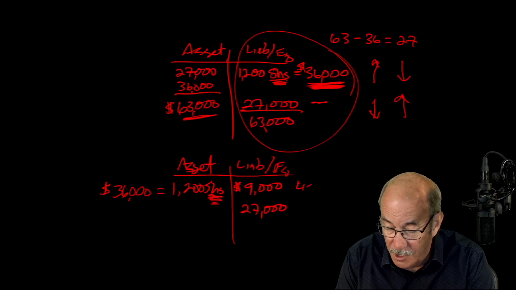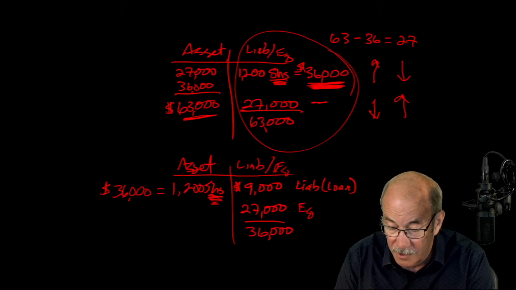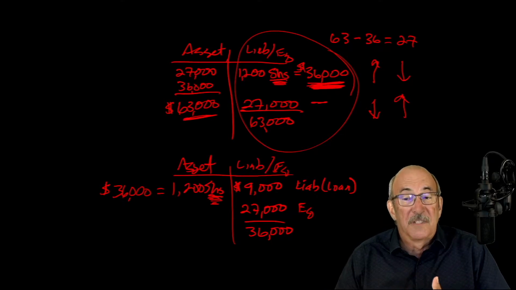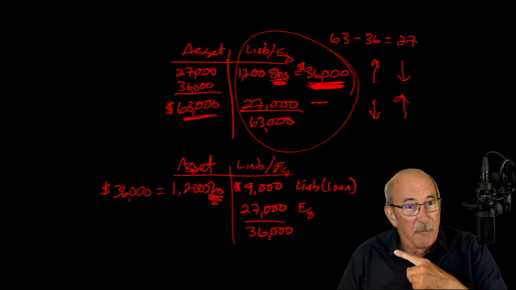So that's the liability, the loan in dollars, and then this is our equity stake. Between them, that adds up to $36,000. So that would be the same setup if we had done a margin long position.